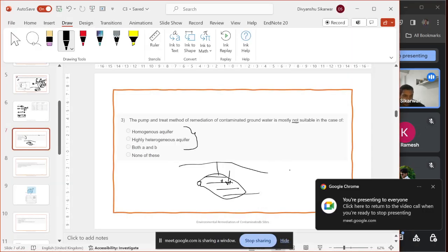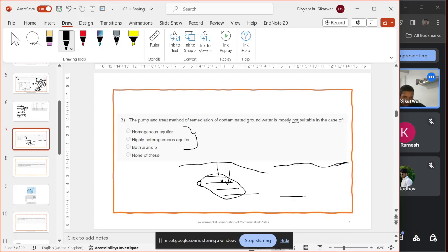So if this is the ground and this is the soil, mostly this method is more suitable for unconfined aquifers, not suitable for confined aquifers. We have soil here and one contaminated zone, and I'm pumping out water.